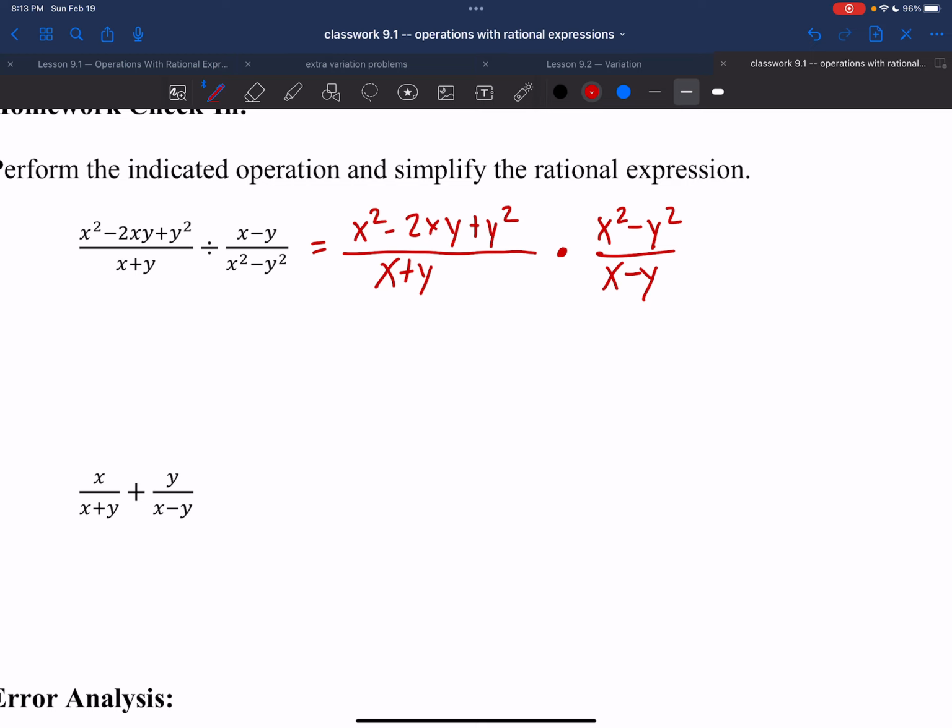And now it's a matter of factoring. So we want to factor everything that we can, both all the numerators and all the denominators. So I'm going to look at the first expression in the numerator right here. That is a perfect square trinomial, which is x minus y squared.